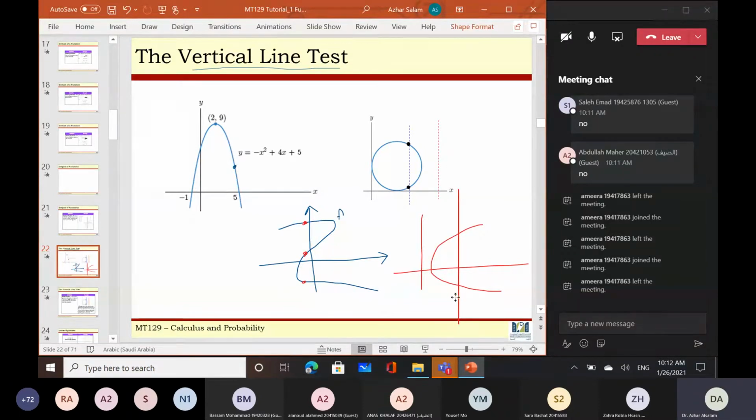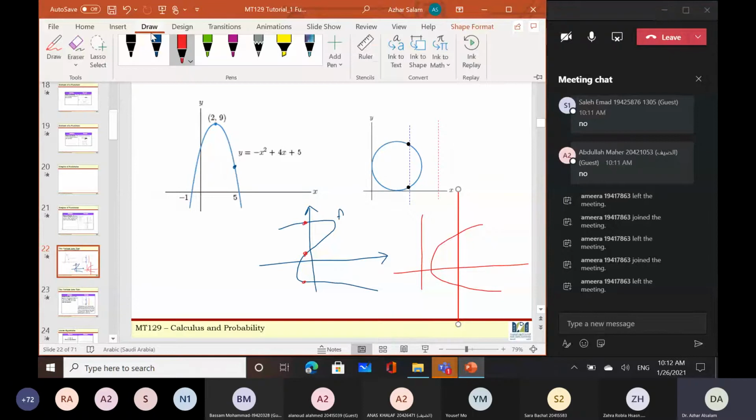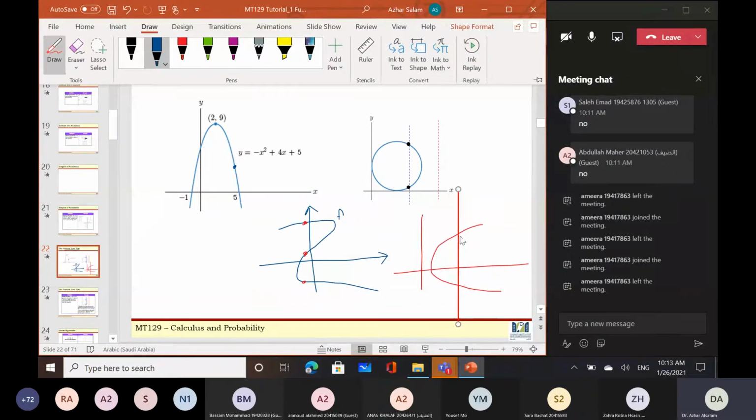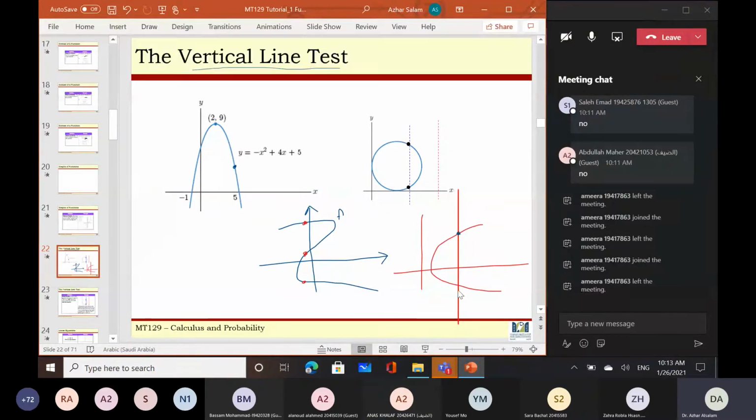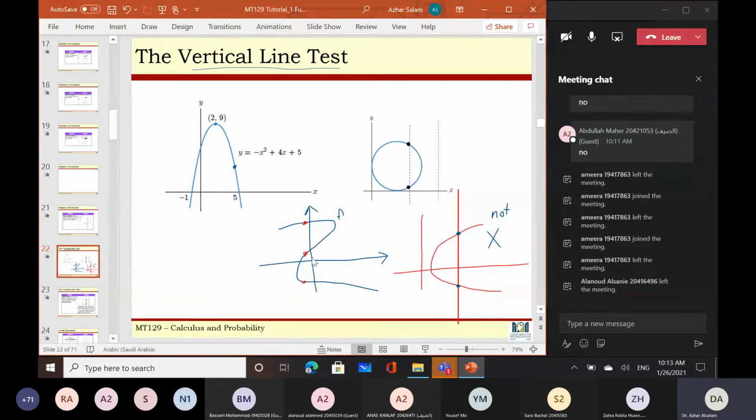But if I move more, yes, it's not a function. It's like the case of the circle. I will have more than one intersection point, one here and another here. So it intersects with more than one point, so this is not a function.